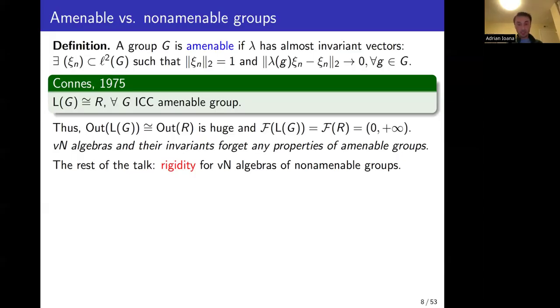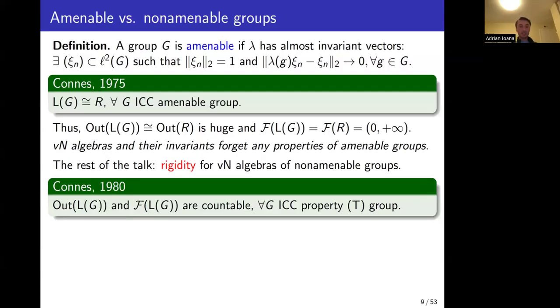And so my talk will focus on one property in particular, that's property T. So the first rigidity result for von Neumann algebras was obtained by Alain Connes in 1980, when he proved that for every ICC property T group G, both the outer automorphism group and the fundamental group of L(G) are countable. So as opposed to the case where G is amenable, the outer automorphism group and the fundamental group are small when the group G has property T.